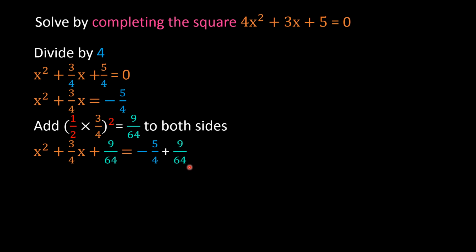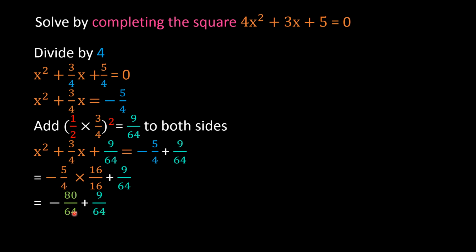Now we will make here the denominator same. So for that we will multiply minus 5 divided by 4 by 16 divided by 16, because 16 multiplied by 4 is 64. So we get minus 5 multiplied by 16, minus 80, 4 multiplied by 16, 64.